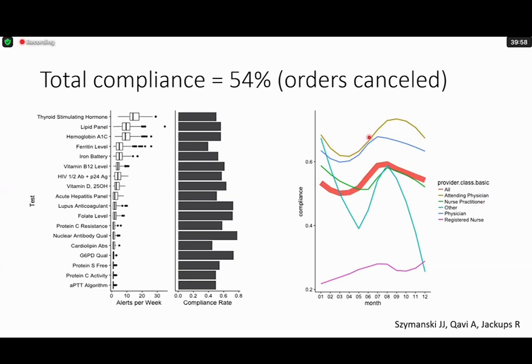We did it over the months just to test my hypothesis that things would be different in July when new attendings and new residents come, and it is. They're actually more likely to listen at the beginning when they're still naive and they haven't developed all the workarounds, and then later in the spring they finally figured out how to bypass things.